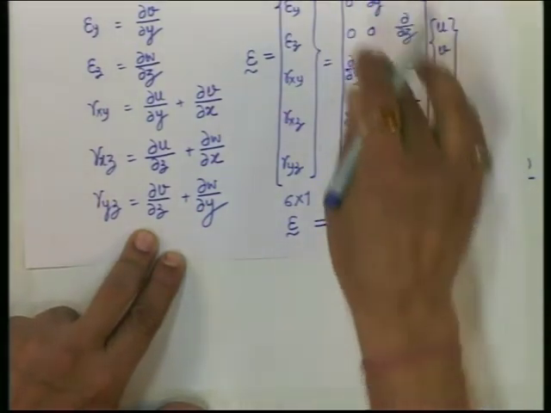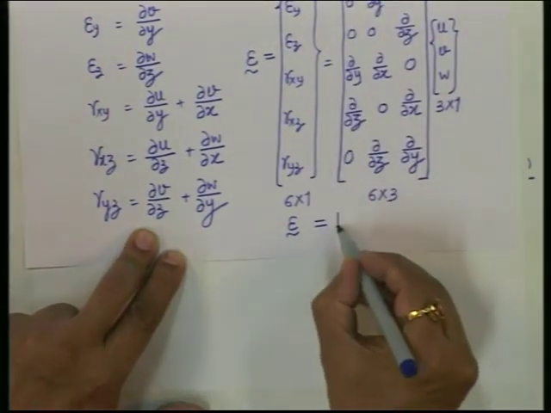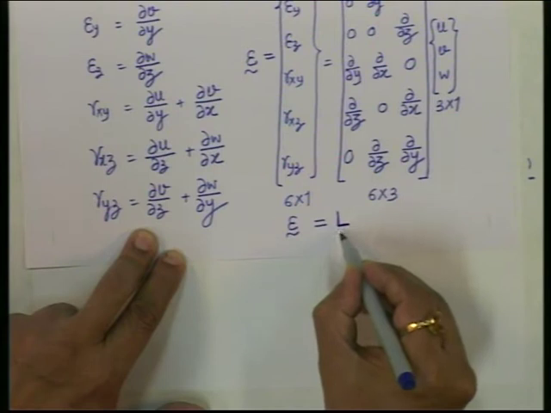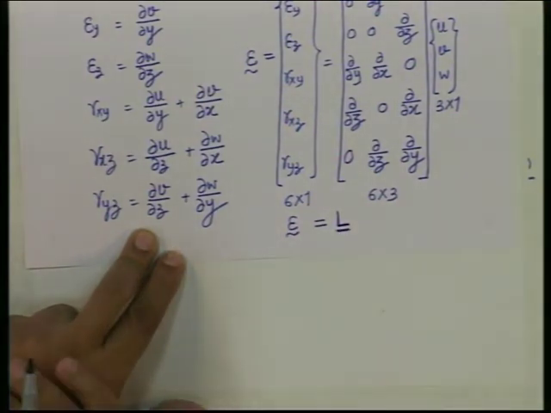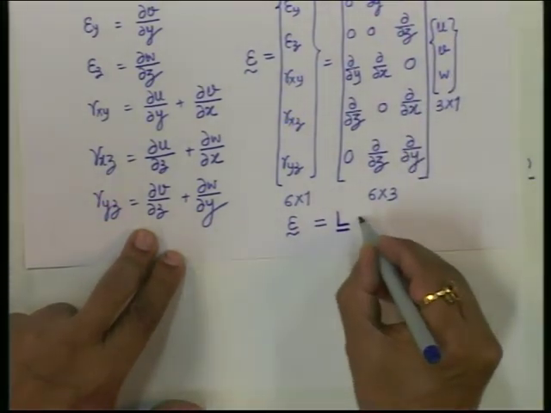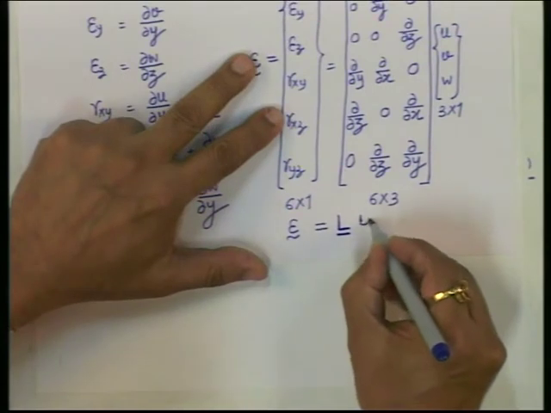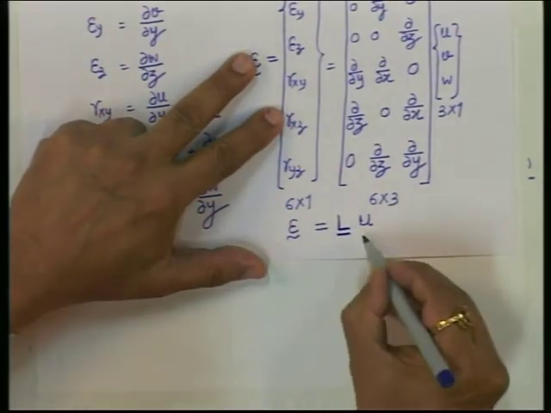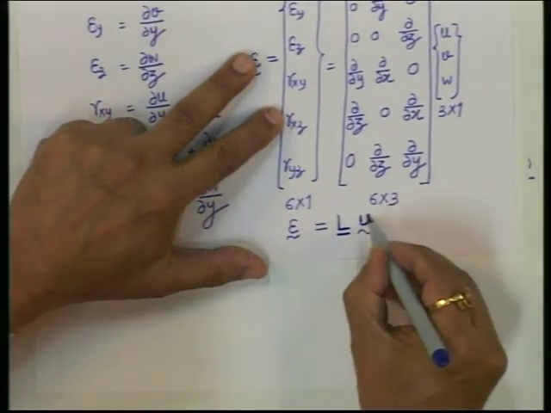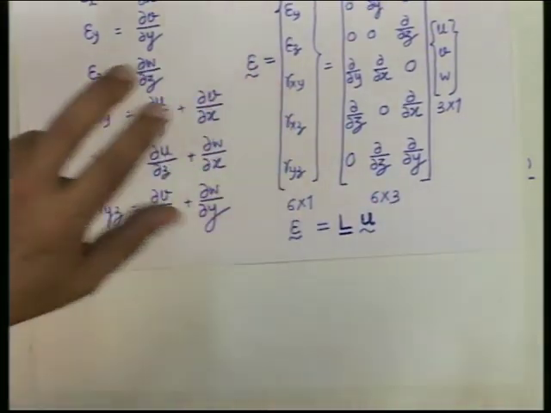This 6 by 3 matrix we will denote by a symbol L. It is a rectangular matrix 6 by 3, and this one we are denoting by U. UVW we have been denoting by U. So we got another relation.